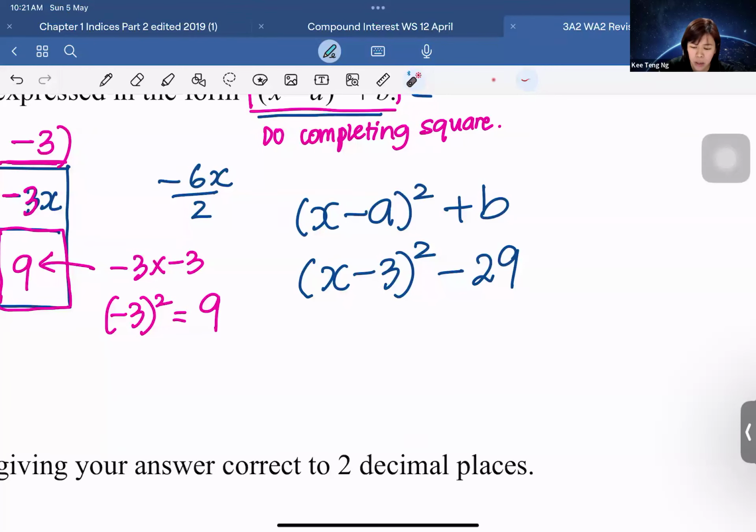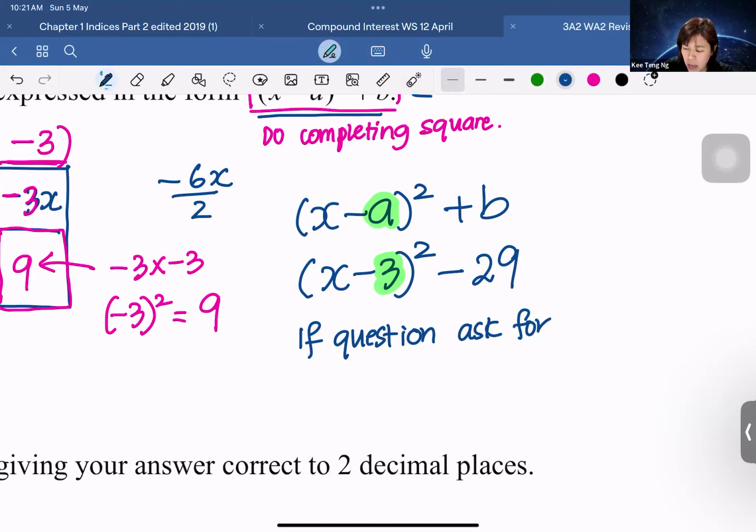A will be the number 3. So if the question asks for the value of A and B, A will be equal to the number 3, according to this format of the question.